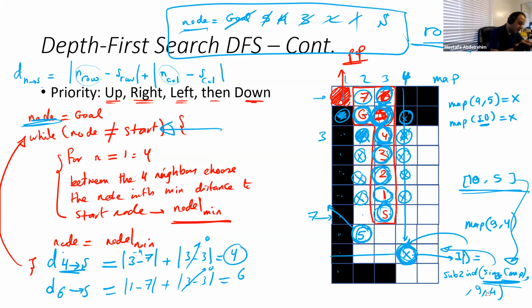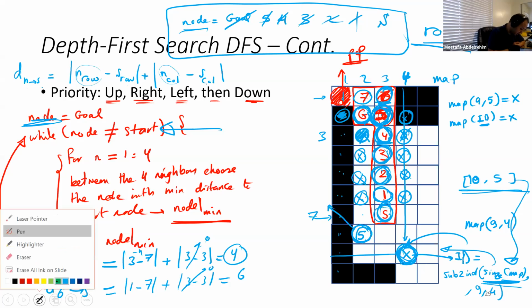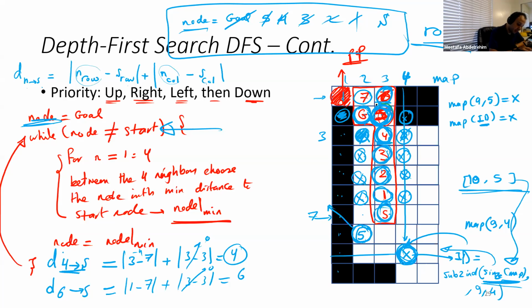Now 4 has 4 neighbors. Let's change the color because it's completely messed up now. This guy, this guy, this guy, this guy. Those are excluded. Now we have this one, which is 5, by the way, and 3.